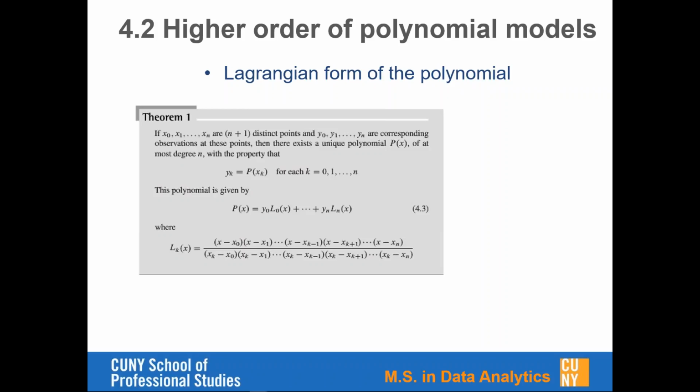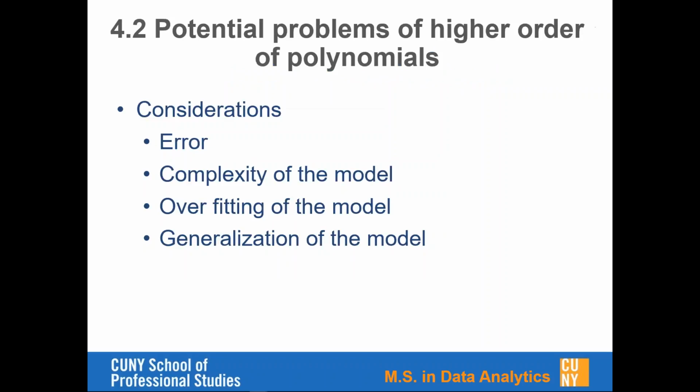And Lagrangian is one of the methods in nonlinear programming, and we would come back to this concept somewhere in week 10 or week 11, and then we can discuss a little bit further.